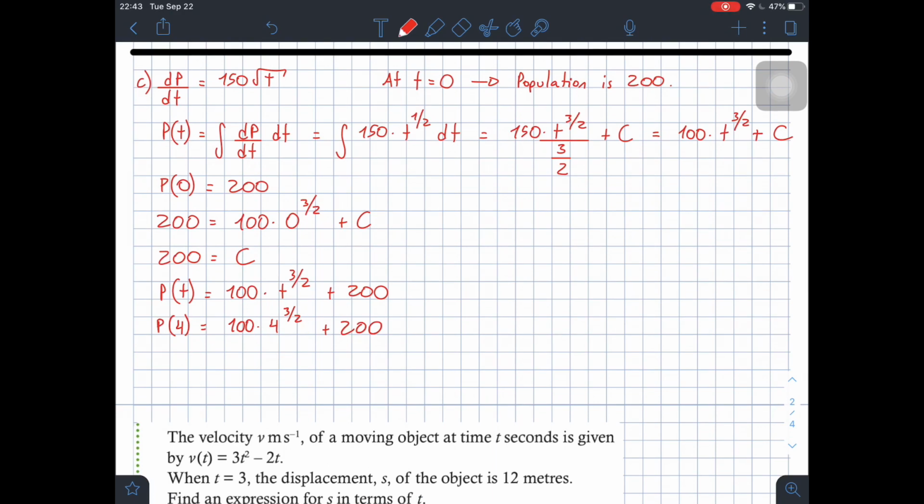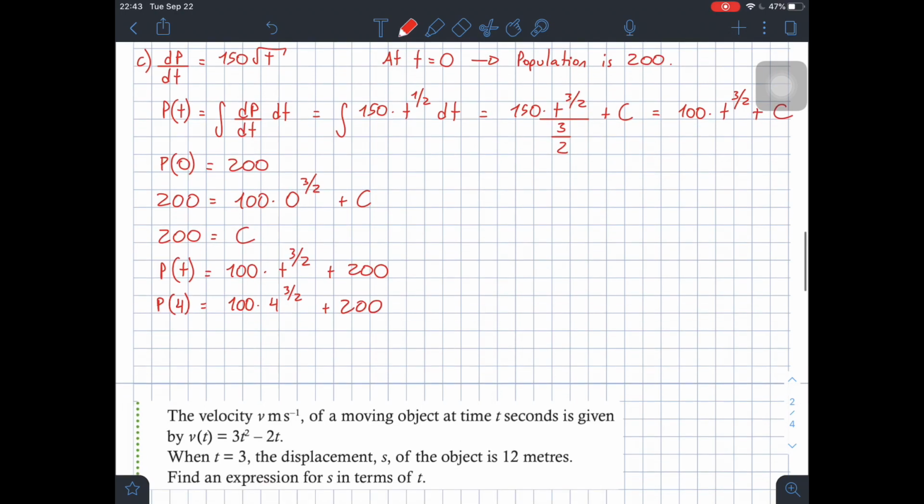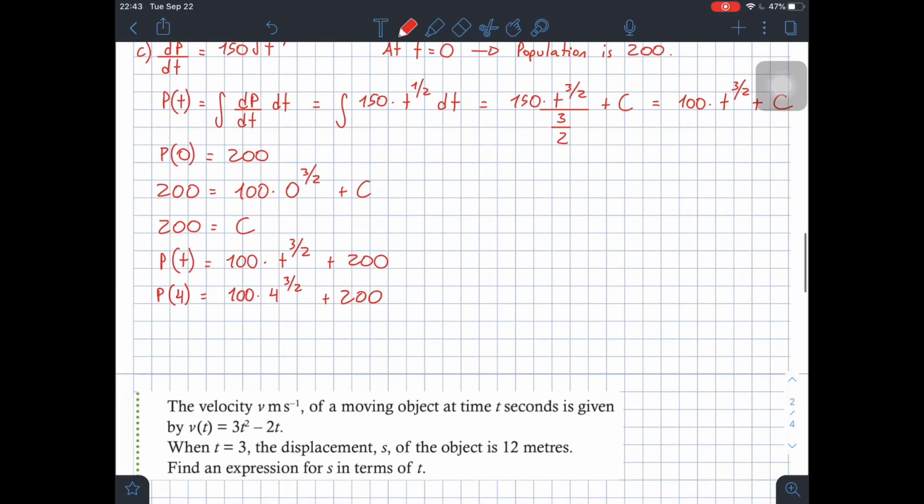We can think about doing the following: 4 to the power of 3, that's 64, and 4 to the power of 2, that's 16. So 64 divided by 16 is equal to 8, right? So P of 4 is equal to 100 times 8 plus 200.